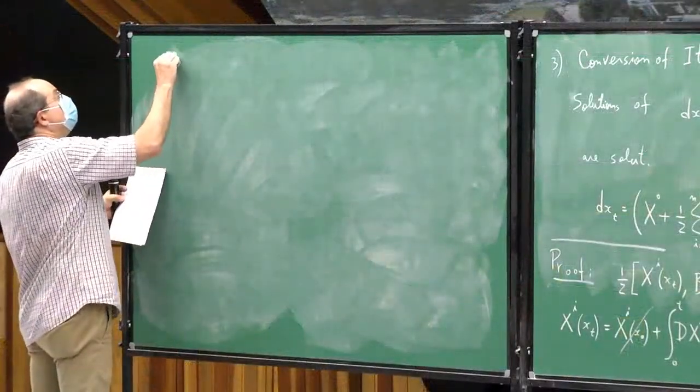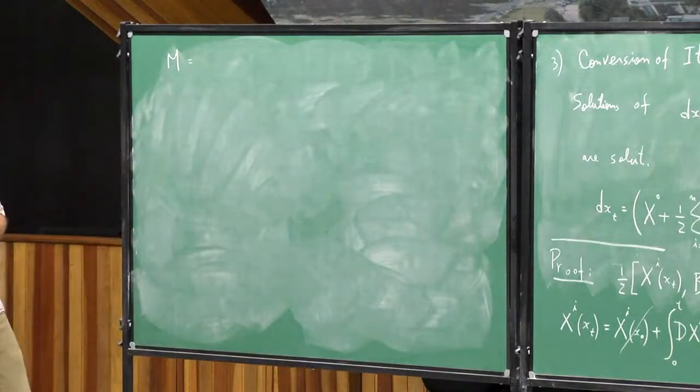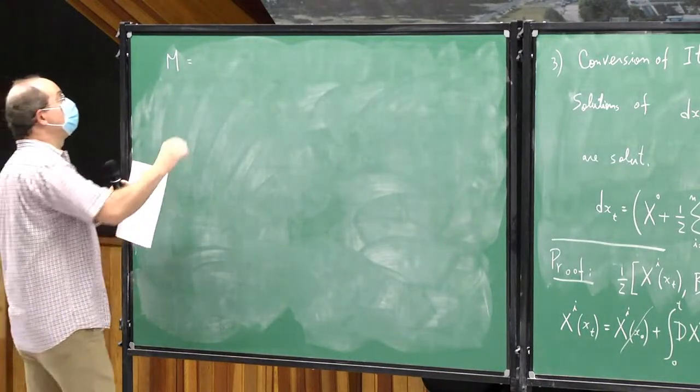So now, if M is M, now I'm changing completely the notation. It's not a martingale, but a differentiable manifold.